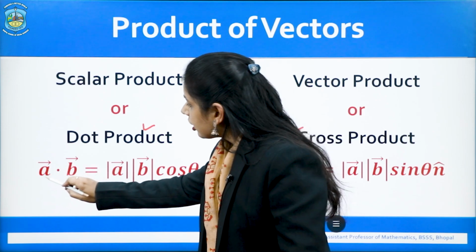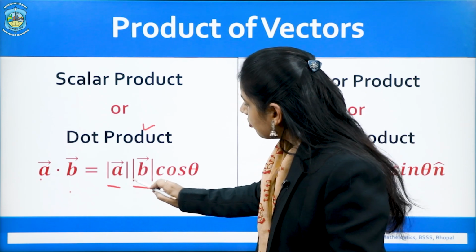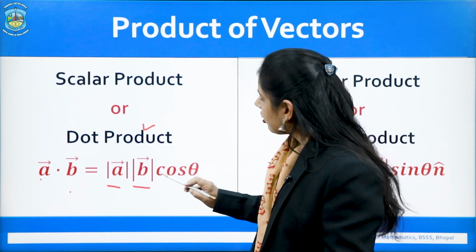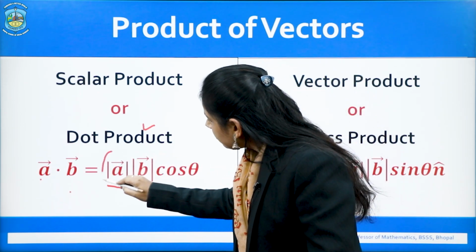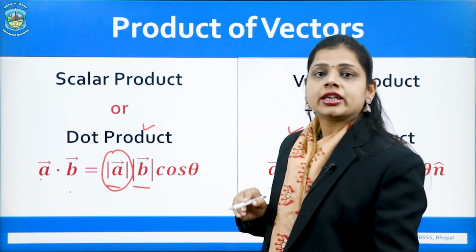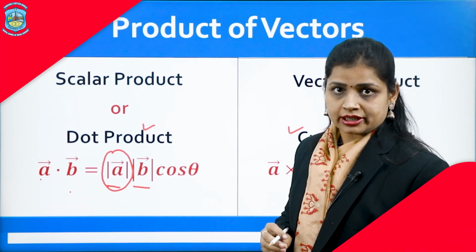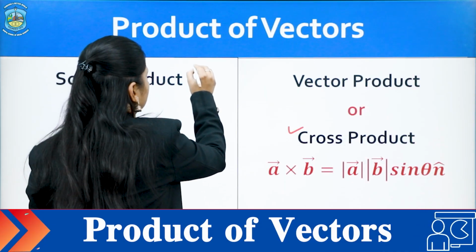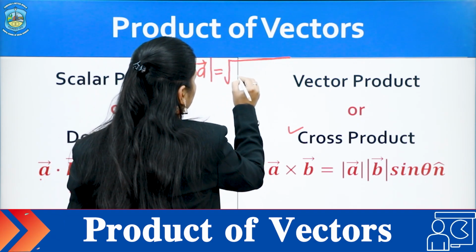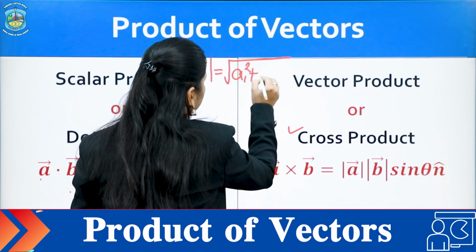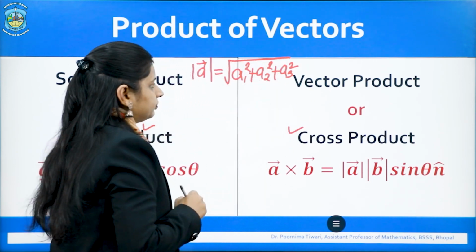That is, dot product of vector A with vector B is mod of vector A, mod of vector B, cos theta, where the modulus of vector A gives the magnitude of the vector A. We can determine this modulus of vector A by using the formula square root of A1 square plus A2 square plus A3 square.